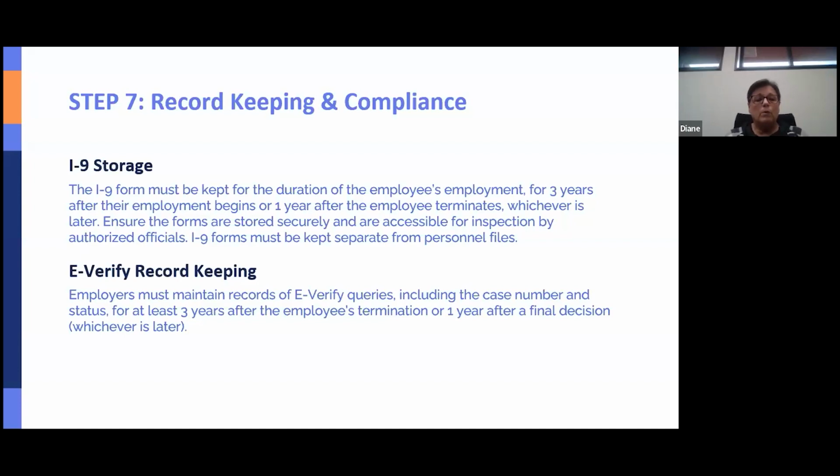Employers must maintain records of E-Verify queries, including the case number and status, for at least 3 years after the employee's termination or 1 year after a final decision, whichever is later, as we talked about above. That's why we recommend, once you have confirmed their employment eligibility, to print off that page, attach it to the I-9 form, and keep it together.